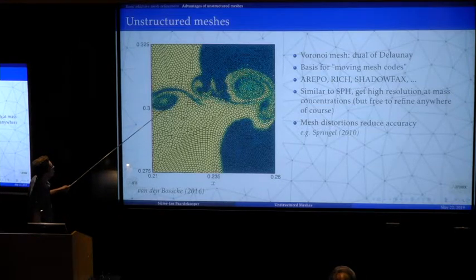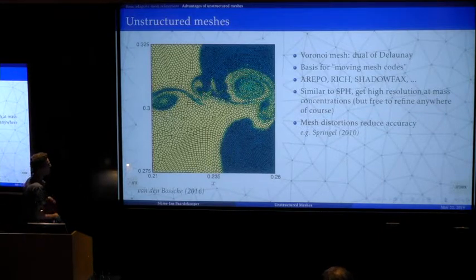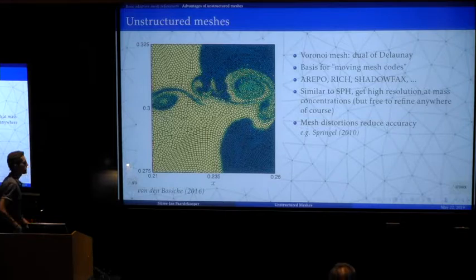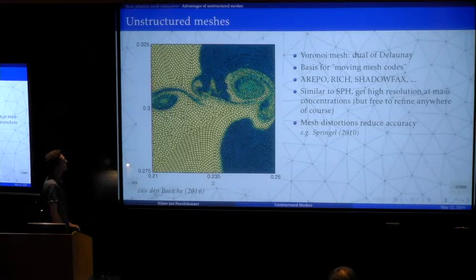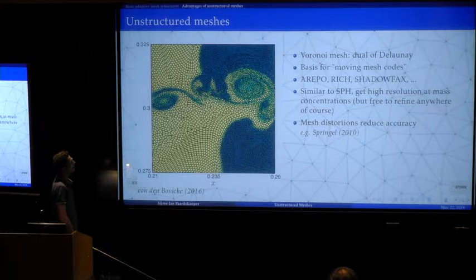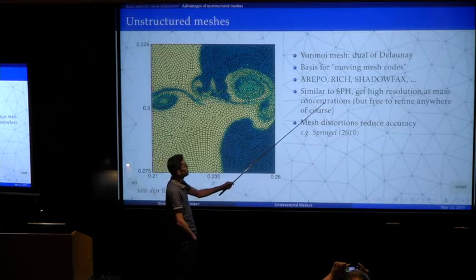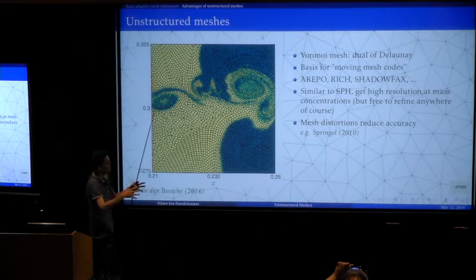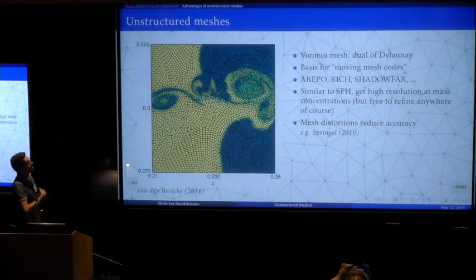It's actually a visualization of Shadowfax I didn't know about before preparing this talk. There's also, of course, GIZMO, which can operate in this mode as well, although it's basically meshless. What they do is they try to combine some of the advantages of SPH, so the Lagrangian nature to get resolution at mass concentrations, but do the hydrodynamics on a mesh.